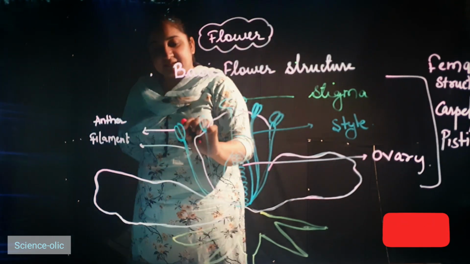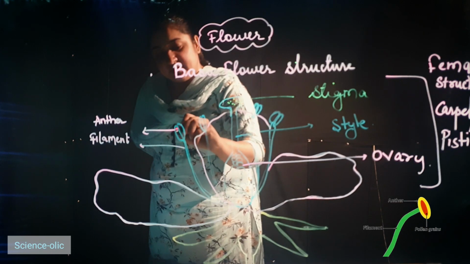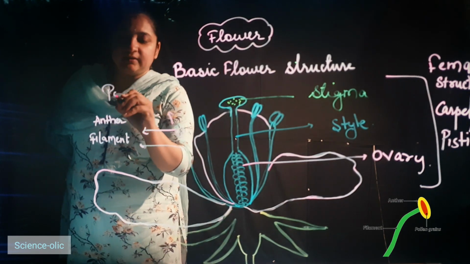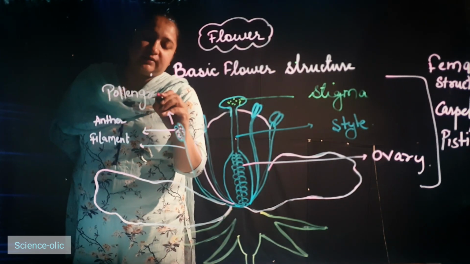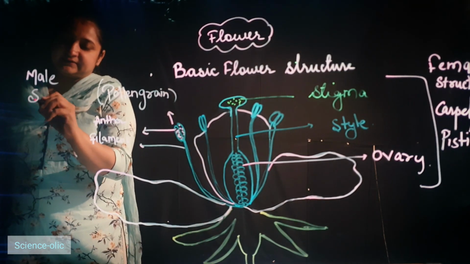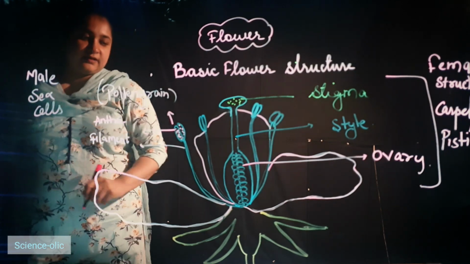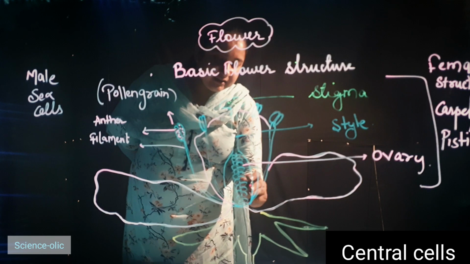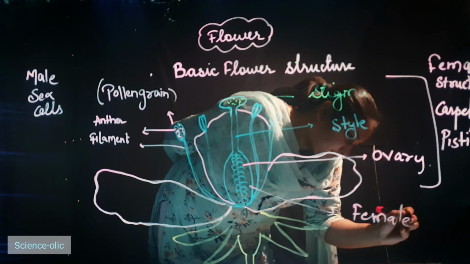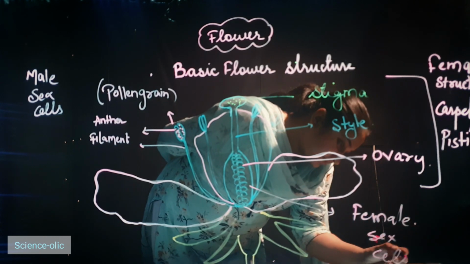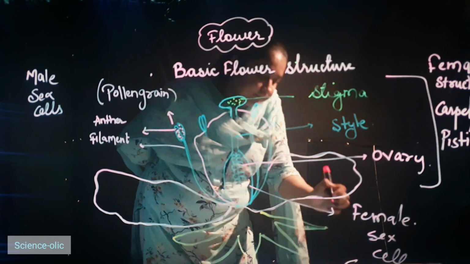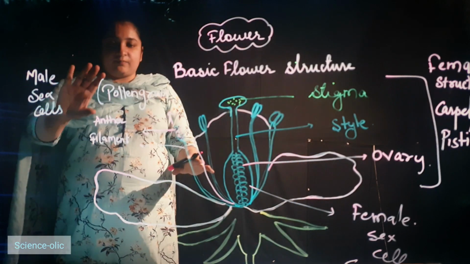Anthers are two in number. The pollen grains are present inside them. What are these? These are the male sex cells in flowers, and in the ovary the female sex cells or central cell are present.